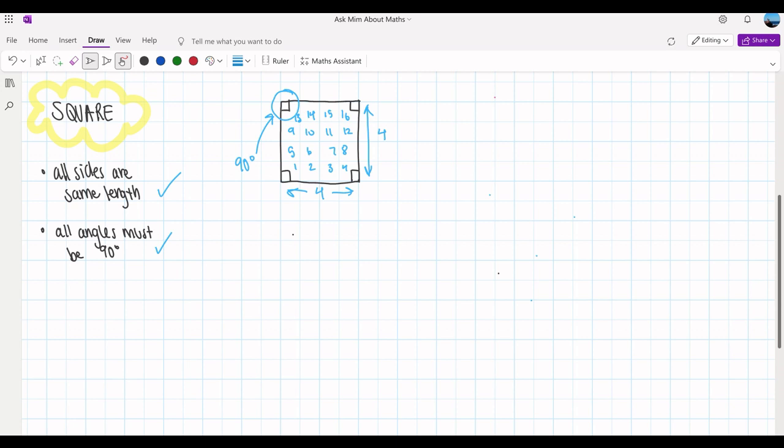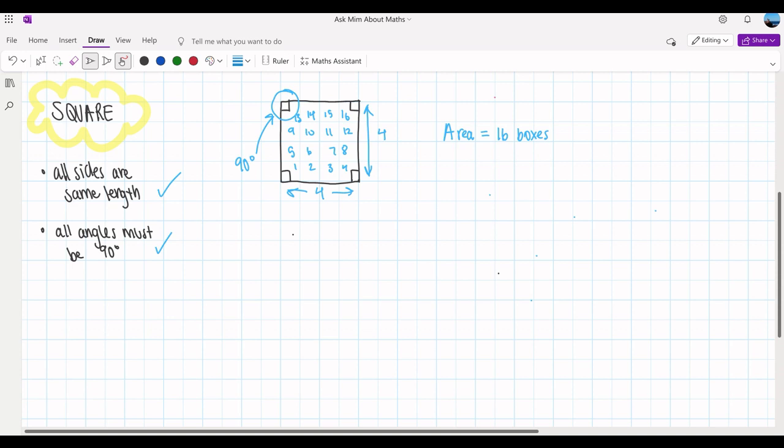So we can say that the area of this square is 16 boxes. Now this works for this example, but it might not work for more complicated examples. So we want to know how we can figure it out in other situations where the numbers might be bigger, where we don't have squares in the background to show us.